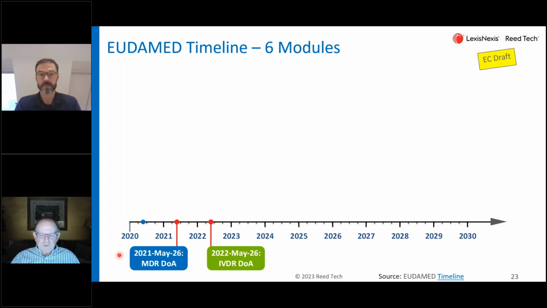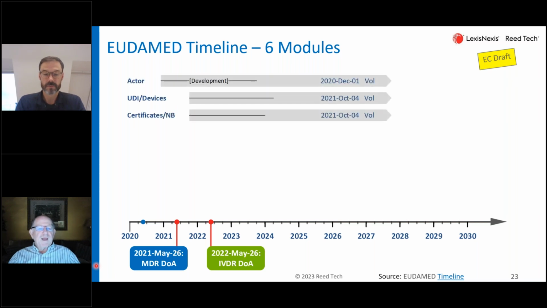Okay, so we have the time running from 2020 out to 2030. I keep extending this timeline to accommodate all the activity. Then we have the 2 dative applications already occurred. On top of that, there are 3 modules currently up and running, all with voluntary submissions.